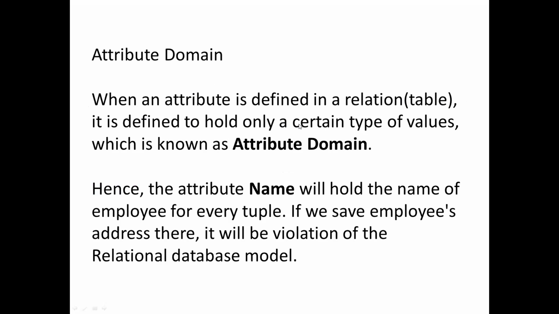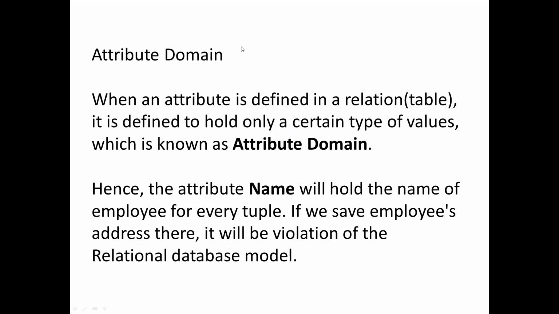When you introduce any kind of attribute into the table, that particular attribute has to hold certain values. Hence, the name will hold the name of the employee for every tuple. If we save employee address there, it will be a violation of the relational database model.